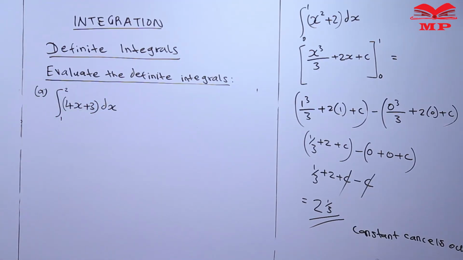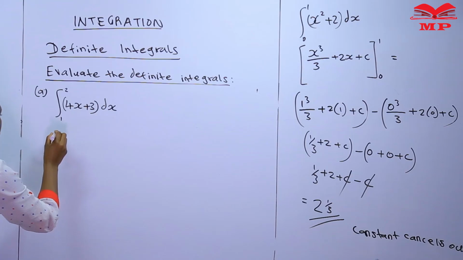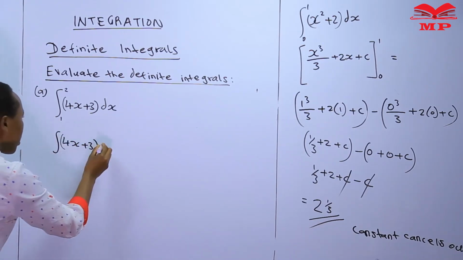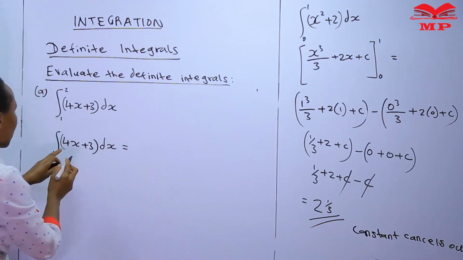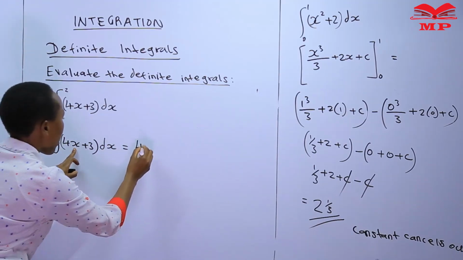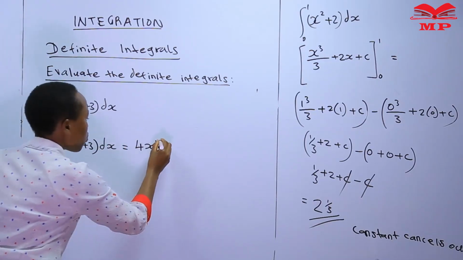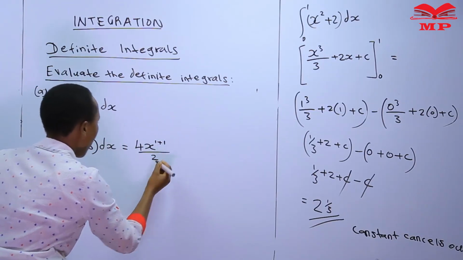So we find that one. We move step by step. The first thing we've said is to integrate. So we integrate 4x plus 3 with respect to x. So in this case, we are going to have 4x. X is raised to power 1. We add 1 to the power. We divide by the new power.